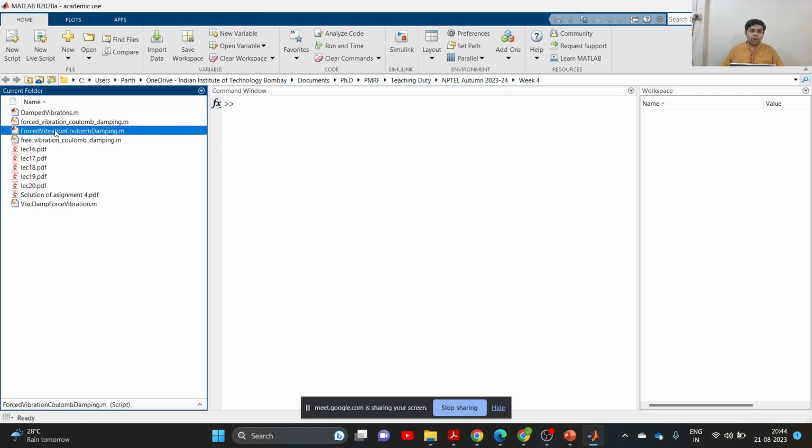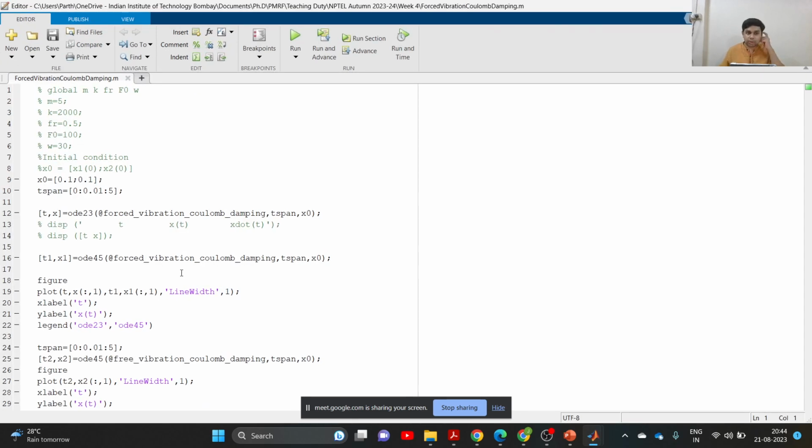So let us say we have the spring mass damper system, and here is an example of a MATLAB code which I have written. These are the parameters of the system, and we have this initial condition which we represent in the matrix x naught, and the time span for which we are interested in looking at the motion.